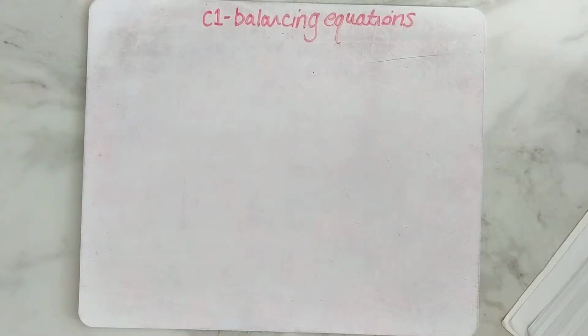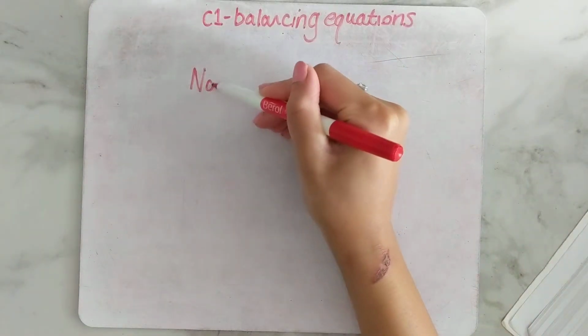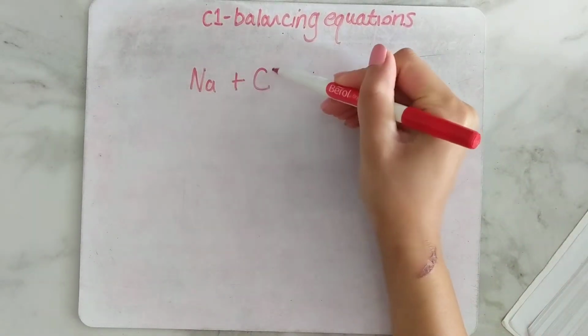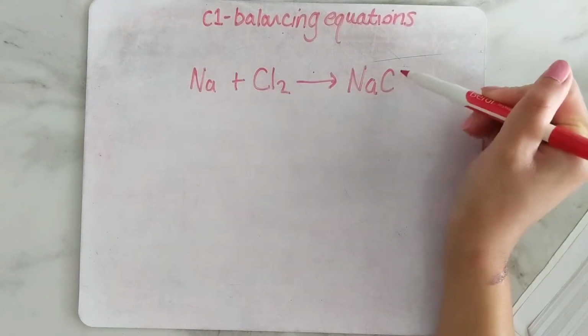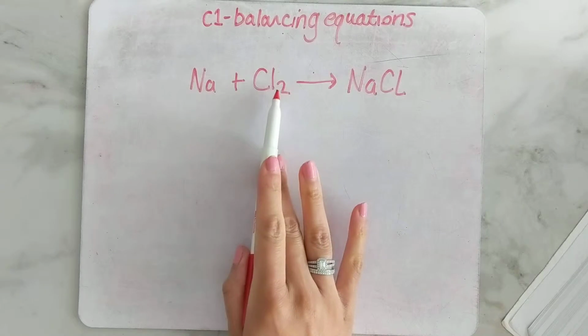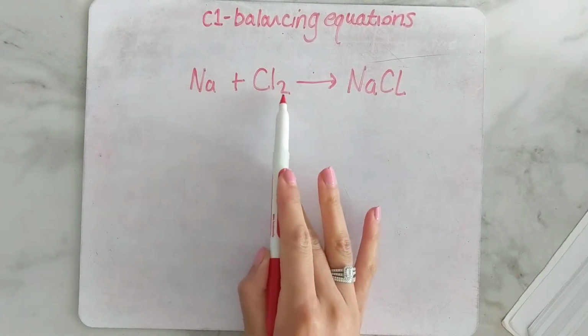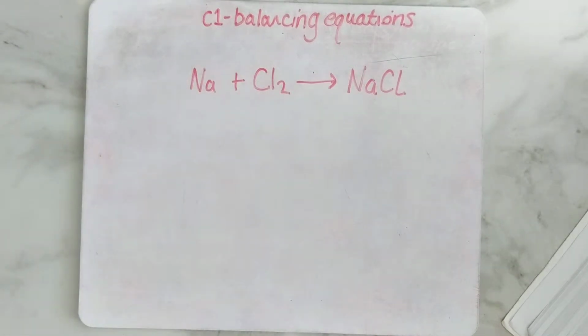So I'm going to start with Na plus Cl2 goes to NaCl. Okay, Cl2, chlorine, it's got a little 2 there because chlorine exists as something called a diatomic molecule, di meaning 2. So when it's on its own, it's always got a little 2.